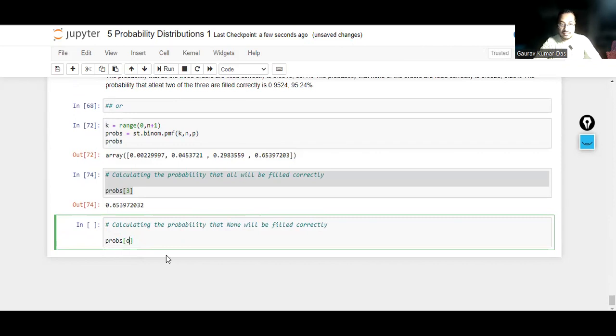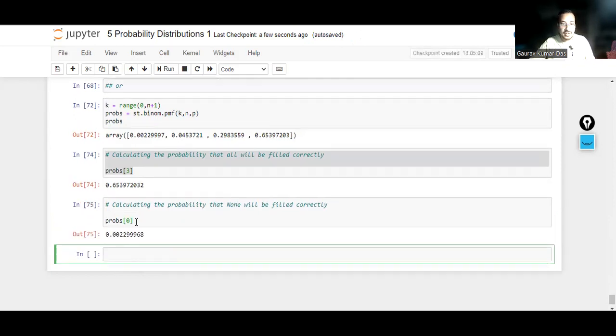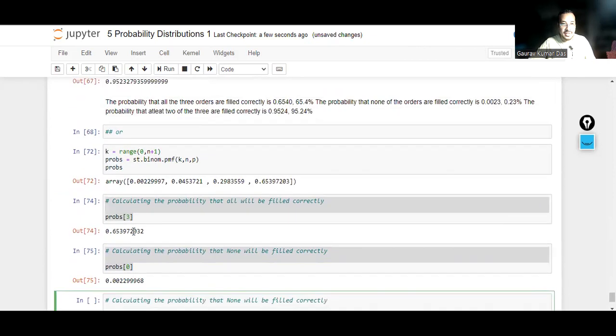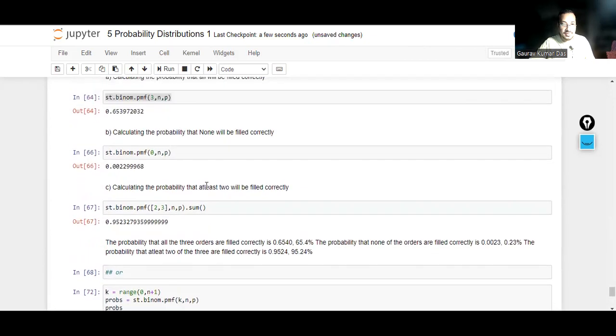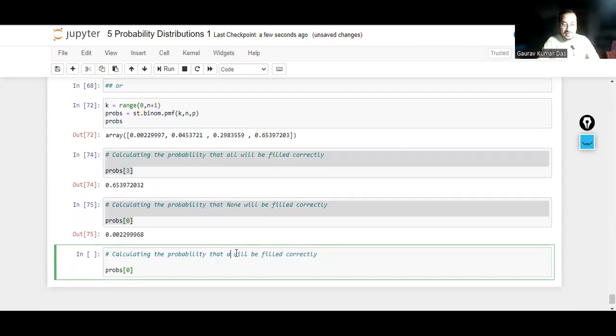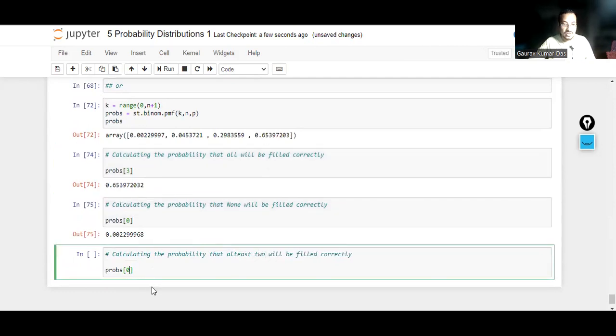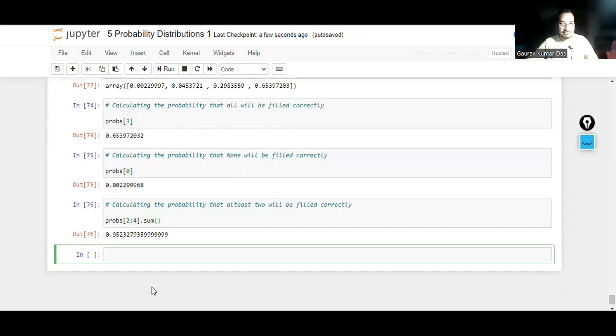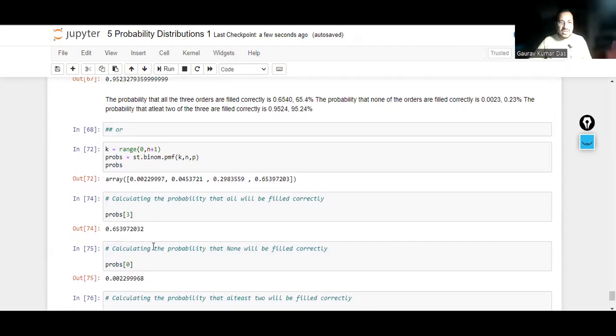This will be 0. Right? Next is the probability that at least 2 will be filled correctly. In that case, at least 2 will be 2 to 4, dot sum. That's it. Either way you can do it.